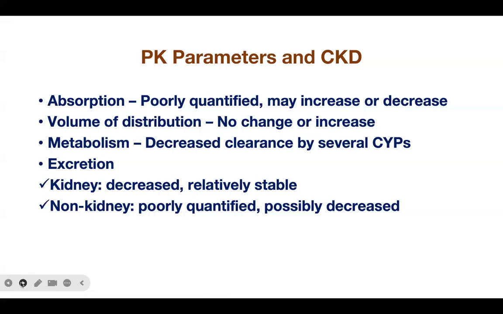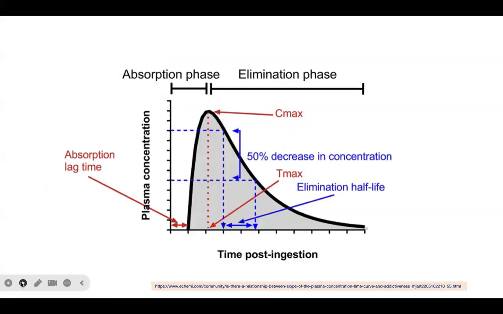Metabolism decreases due to decreased action of different cytochrome enzymes. And obviously the elimination through the kidney is decreased. But non-kidney elimination is also poorly quantified, and there is a chance of a possible decrease in that.